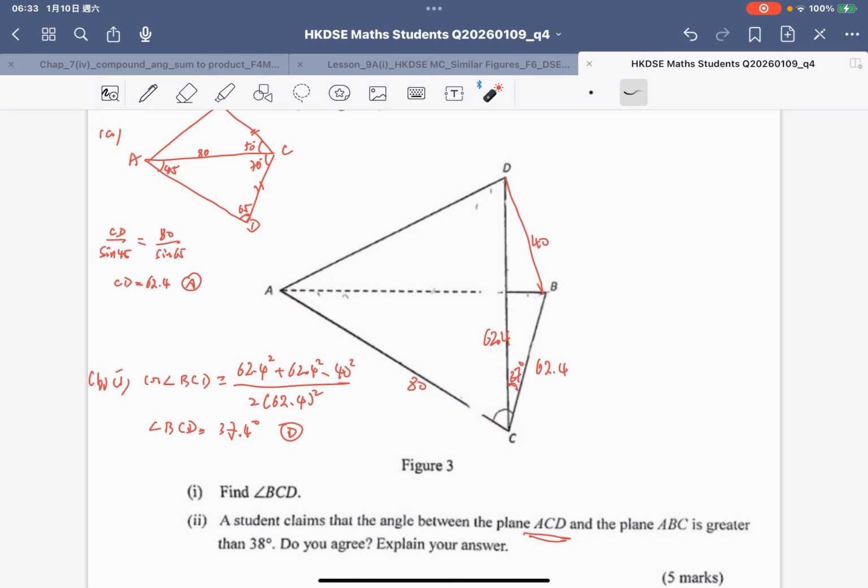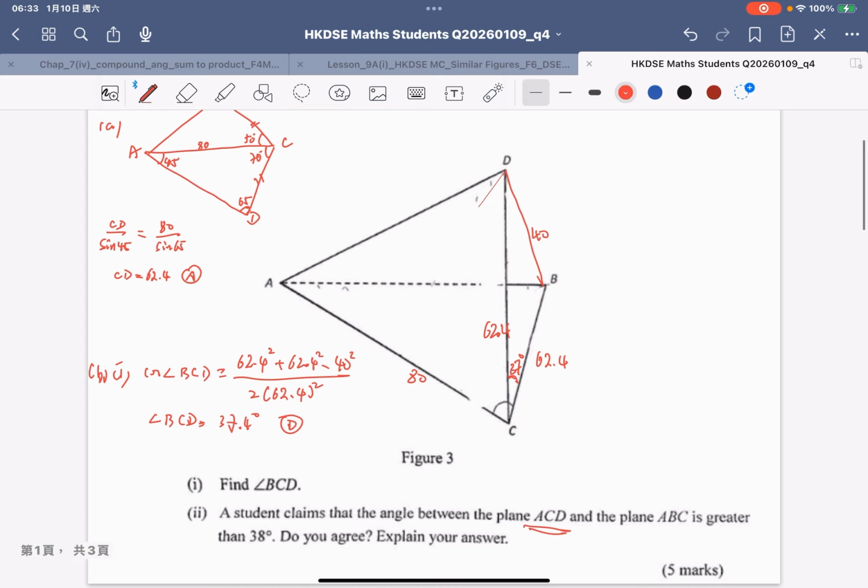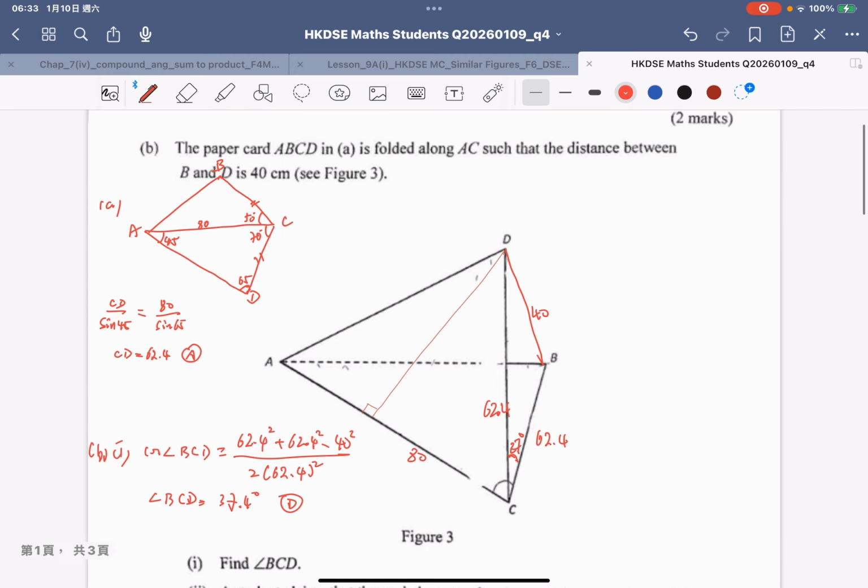Then I draw a perpendicular line from D to AC, and then also draw a perpendicular line from this one to the other side. Then the required angle is this one.